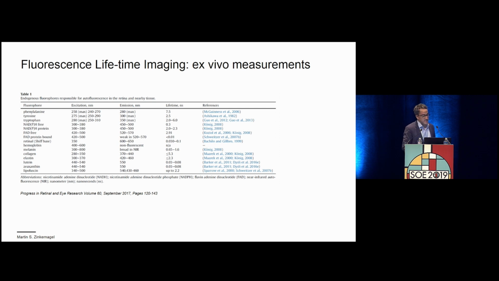The same for retinal, also very short lifetimes. And lipofuscin, collagen, and elastin have very long lifetimes. And we're going to have a look at examples now of retinal diseases mirroring these components.